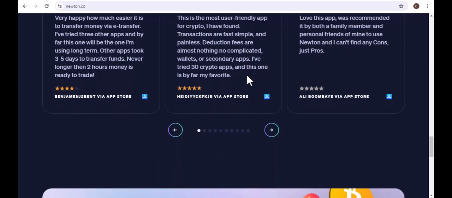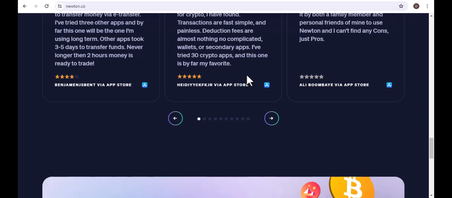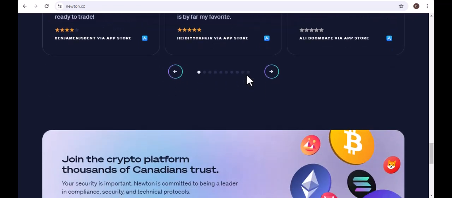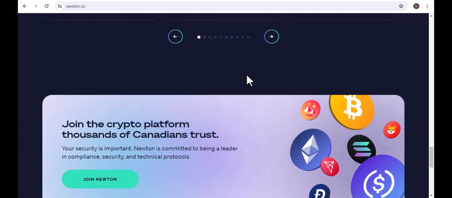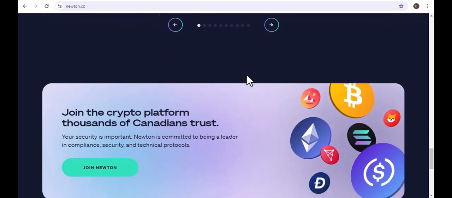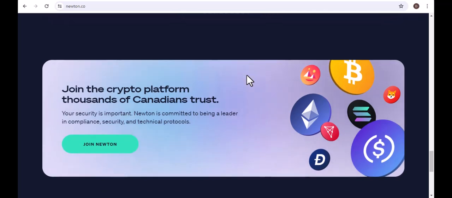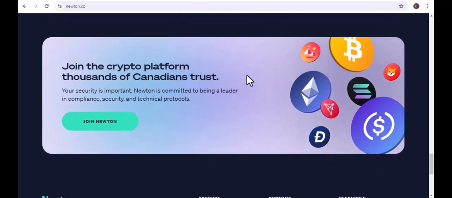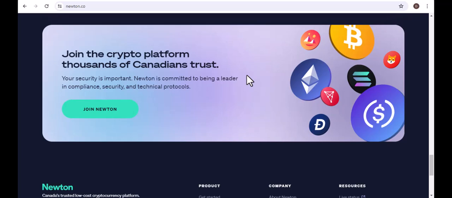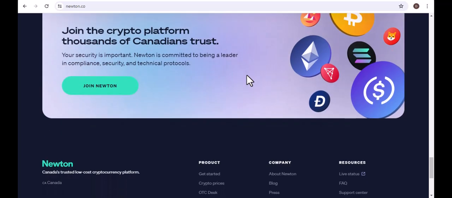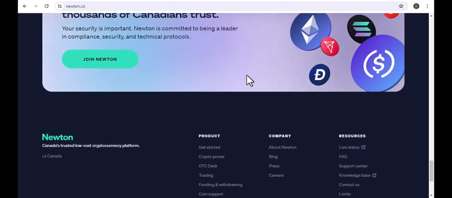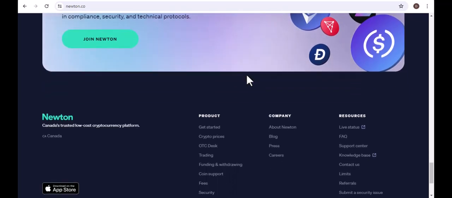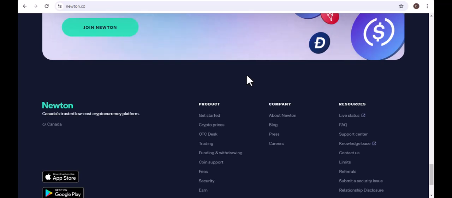Now, let's talk about the different types of wallet key addresses you might encounter. While Newton aims to simplify the user experience, it's helpful to have a basic understanding. For Bitcoin, you might see different address formats like Legacy, starting with a 1, SegWit, starting with a 3, or Native SegWit, starting with bc1. These are different evolutions of the Bitcoin protocol, each with its own advantages, particularly in terms of transaction fees.